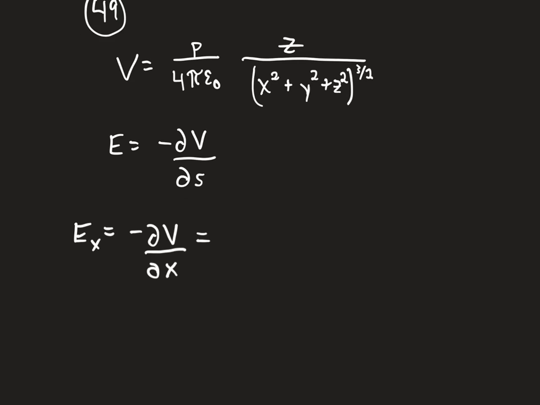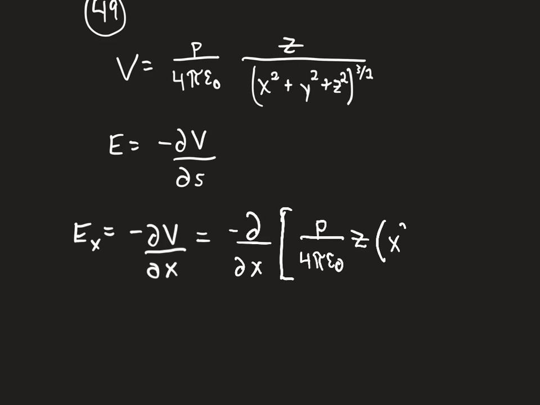So I can rewrite this as negative derivative with respect to x of this giant equation: p over 4 pi epsilon naught times z times x squared plus y squared plus z squared, all of that raised to the negative 3/2. So now I have a product rule that I could potentially do.